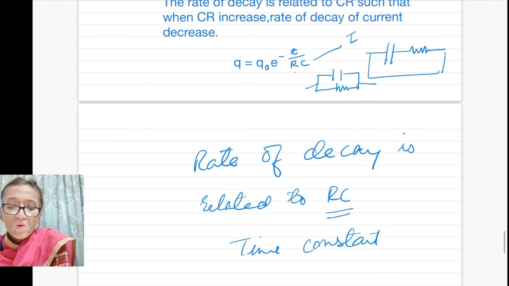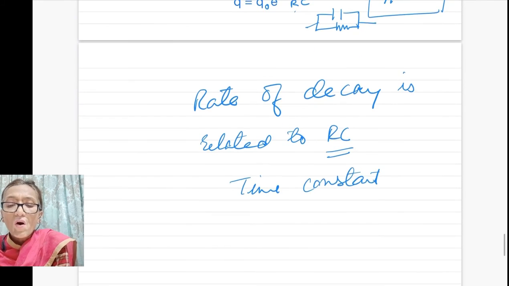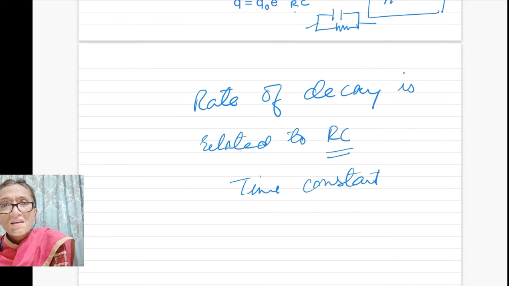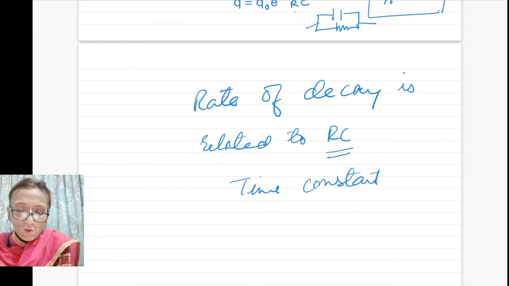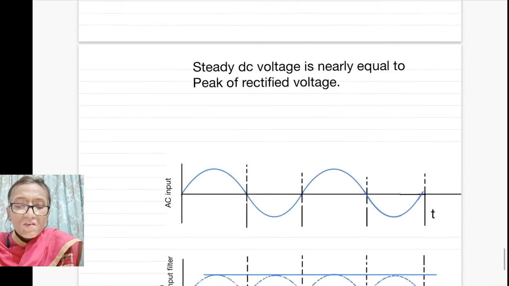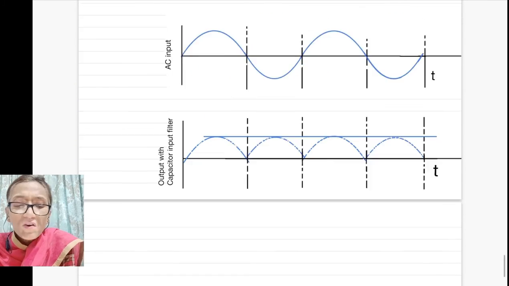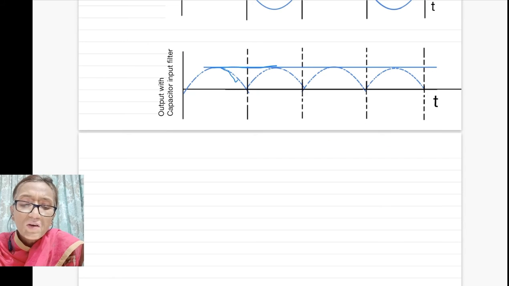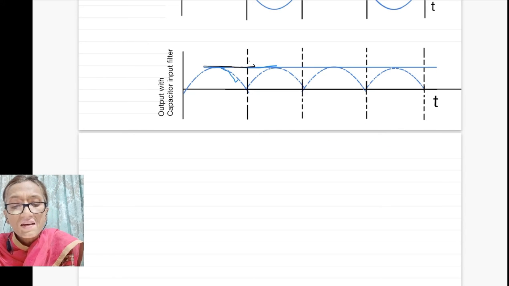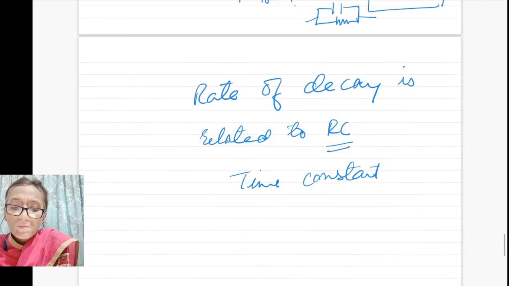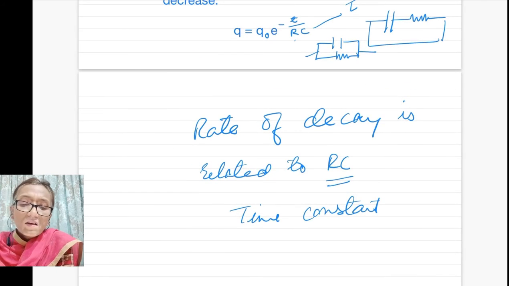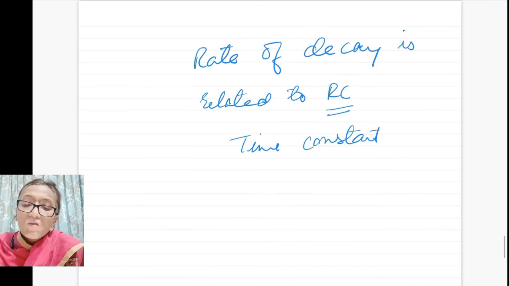So when the rate of decay is small, it will remain having the same constant value, when the current is not decaying, when the voltage is not decaying. So the rate of decay will be small when RC is large.